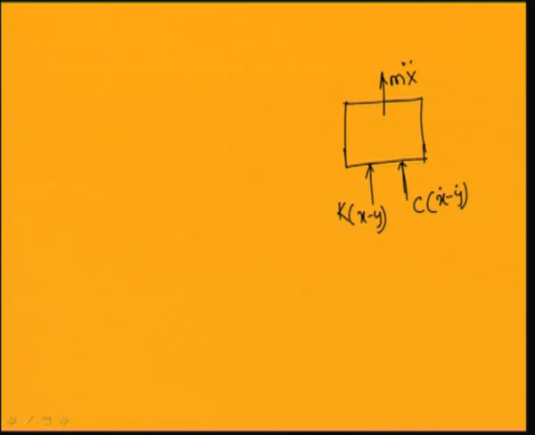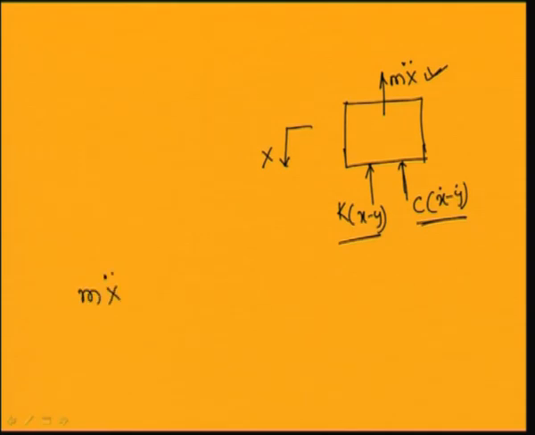When the mass is moving downward, this is x I have taken. So, in this system, m x double dot is the inertia force, k(x minus y) is the spring force, and c(x dot minus y dot) is the damping force. So, you can find the equation of motion in this form.